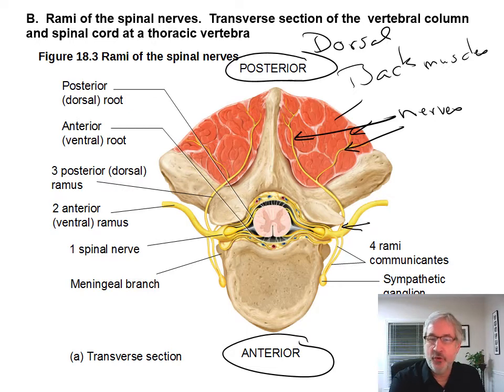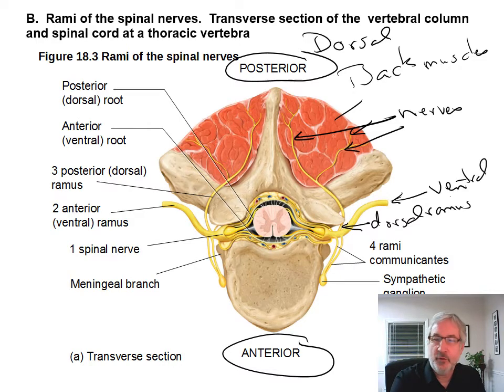So that would be a dorsal ramus, going off to the back. Then this larger one here, that is the ventral ramus. And it's going to head down and it curves back.